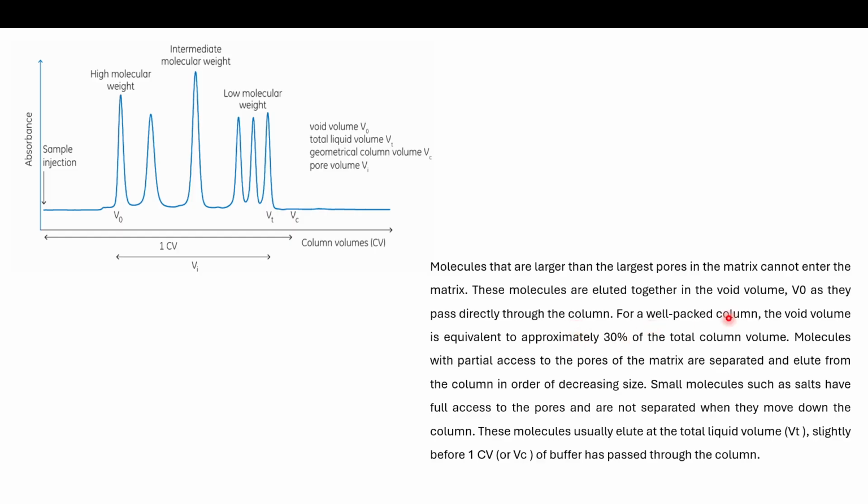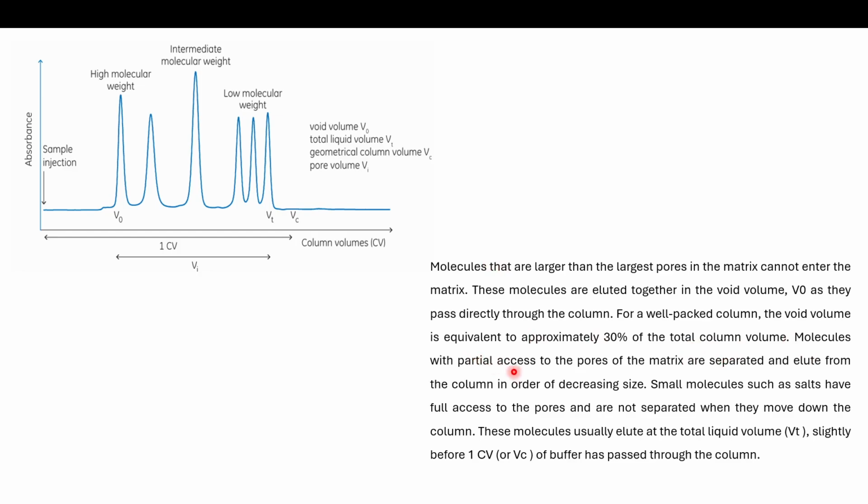For a well-packed column, the void volume is approximately 30% of the total column volume. So V naught is nearly equal to 0.3 times the total column volume, Vt. We can mathematically represent it in that way.